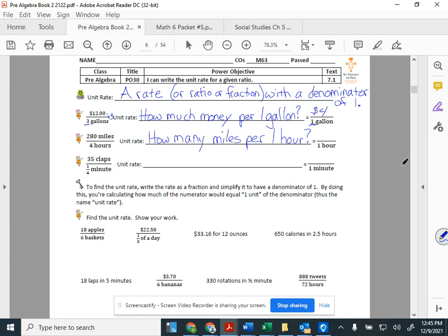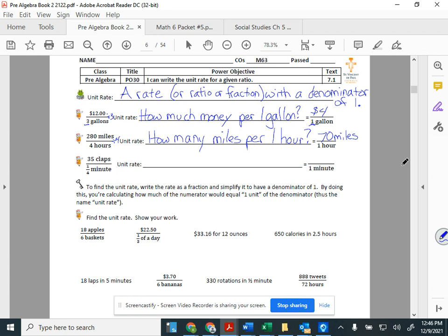So again, if we're going from 4 hours down to 1 hour, what are we dividing by, Paisley? We're dividing by 4. So what you do to the denominator, you do to your numerator. How many miles can we go in 1 hour, Izzy? 70 miles.